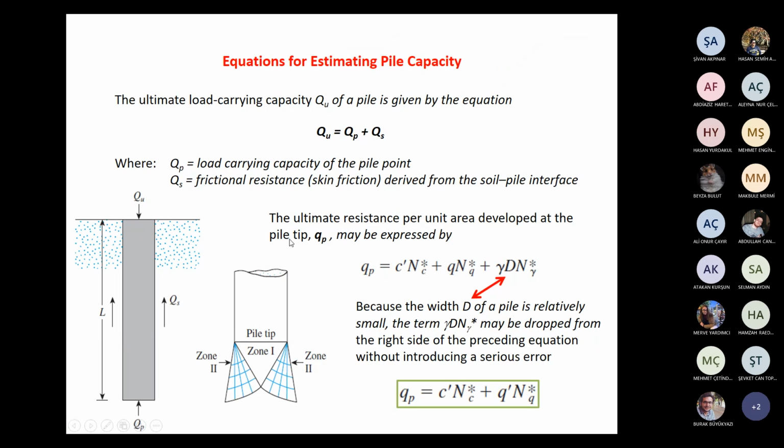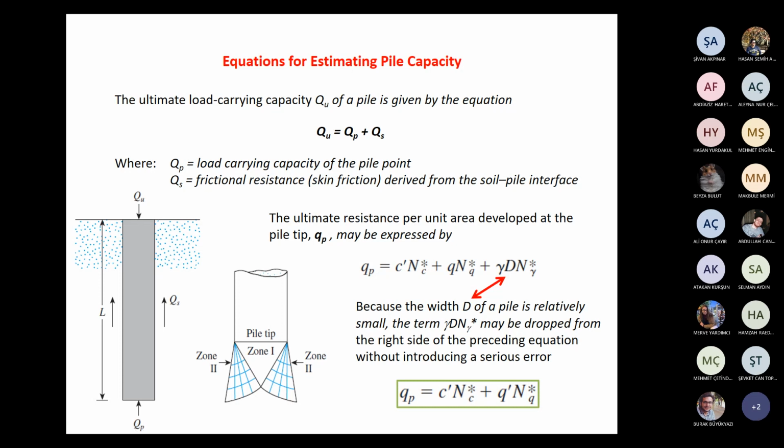So after an introduction or definition and also classification of pile foundations, let us talk about calculation of pile capacity. The ultimate load carrying capacity, Q sub U, of a pile is given by the equation you know from the previous section: point bearing and shaft bearing, or skin friction.